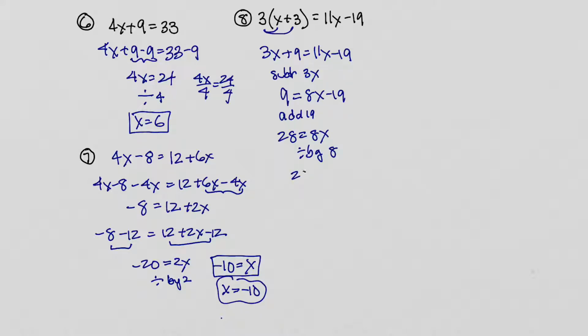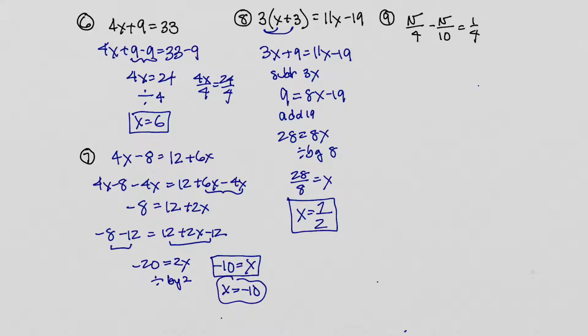So we're going to get 28 over 8 equals, now 8x divided by 8 is x. I think we can reduce this. X is equal to, well, we could divide by 2, giving 14 over 4, but we could divide by 2 again, giving 7 over 2.